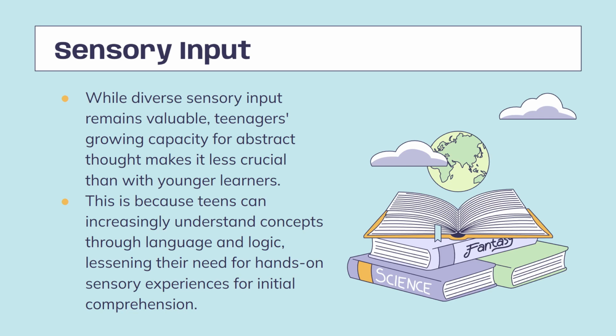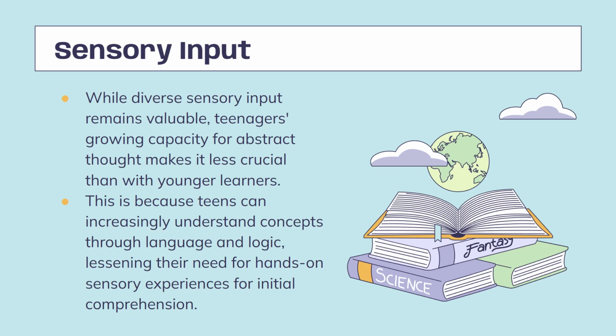But as teenagers grow, their brains become better at abstract thinking. This means they can understand ideas just by hearing or reading about them, or by following logical explanation without always needing to physically interact with objects.